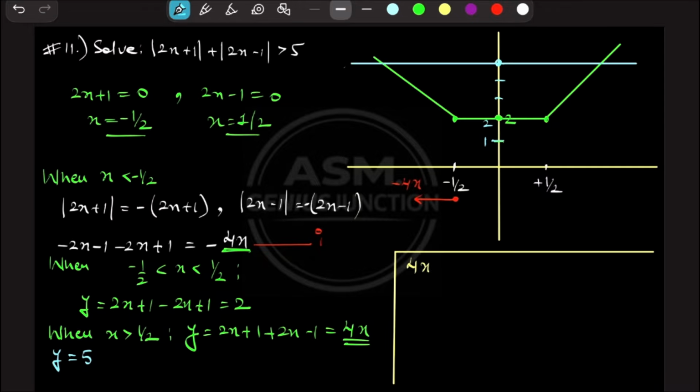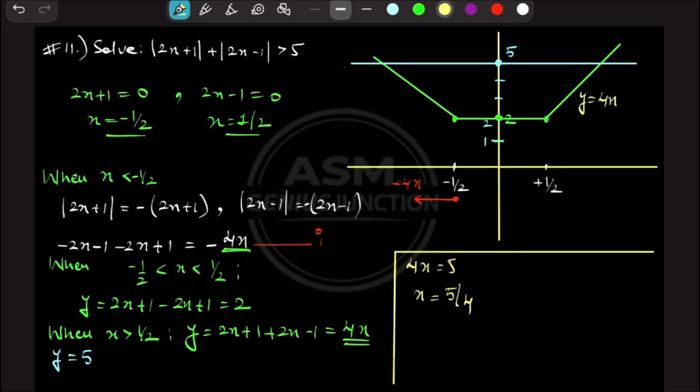Now I need to find the point of intersection with the green line. Okay, so when y equals 5, I can find out the critical values. So I will put 4x equals 5, and I will get x equals 5 by 4.